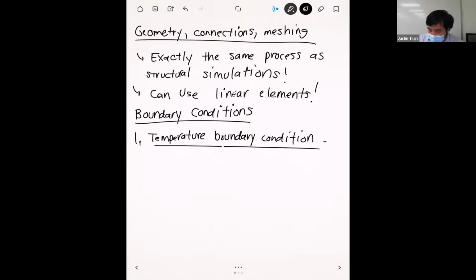The temperature boundary condition, just like its name implies, is where we directly specify what the temperature is going to be at a particular surface.